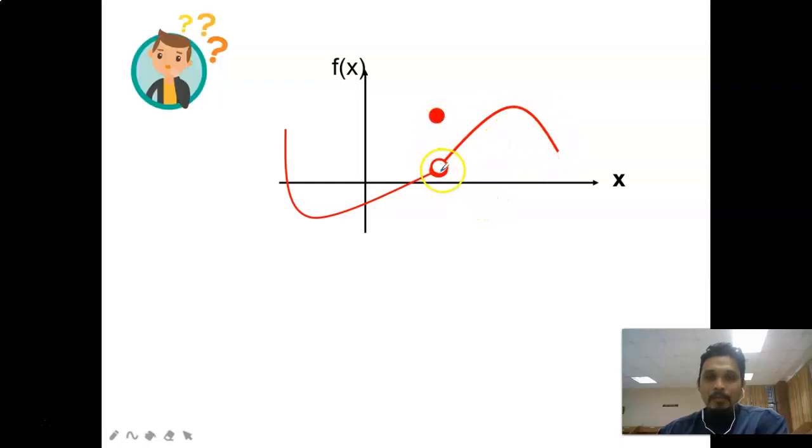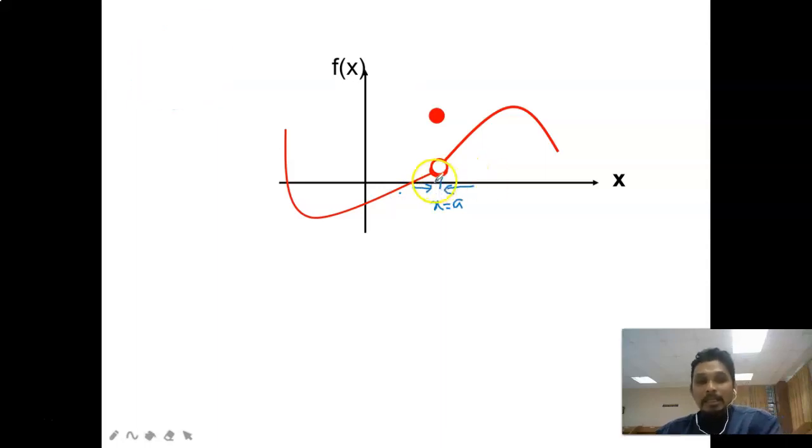When x is exactly equal to a, the value of f(x) is not equal to the limit when x approaches a from left and right. The limits from left and right are equal, but f(a) is not equal to the limit, so this is discontinuous.